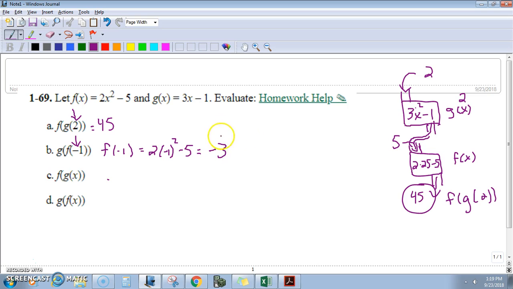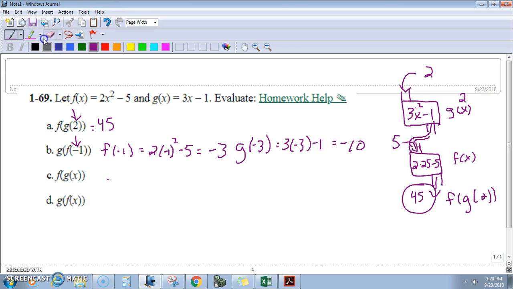Okay, and then that's my input for g of x. So then I have g of negative 3 is equal to 3 times negative 3 minus 1, which is negative 10. Did I do everything correctly there? 2 minus 5 is negative 3? I think so.